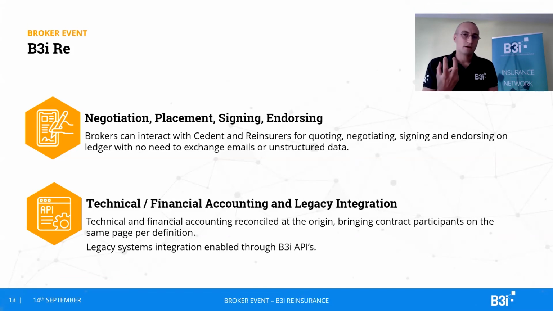And there is something more. As we said, what we bring is certainty. And we bring certainty because a contract that is qualified on ledger has a number of parameters that make it certain. It cannot non-exist. It exists there, and it must exist within the parties that are involved in it. And so that contract can actually also be the result of a process where the broker has asked the cedent to approve his own actions.